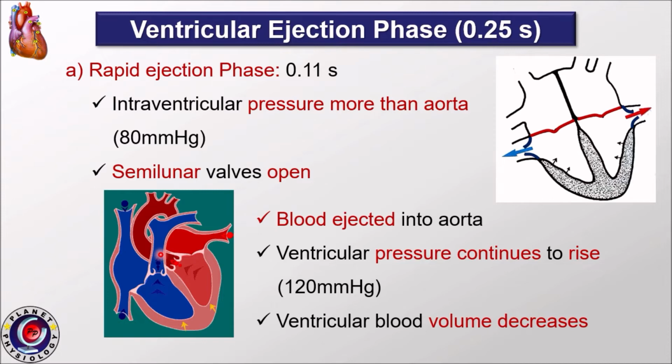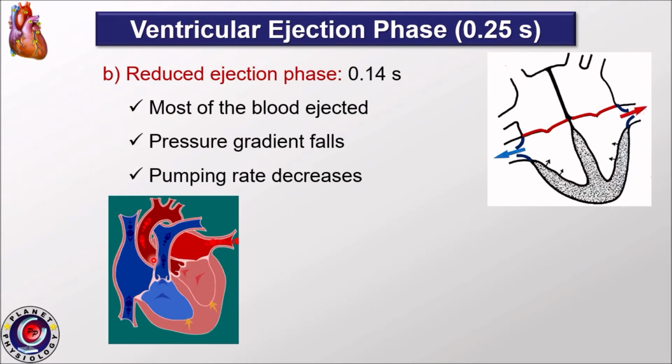As blood is rapidly ejected out into the vessels, ventricular blood volume will fall quickly. Also, there is a decrease in the pressure gradient between the aorta and the left ventricle. So these two events, a lesser amount of blood in the ventricle as well as a lesser pressure gradient, will cause a reduction in the rate of blood being pumped out into the aorta, and therefore this phase is called the reduced ejection phase.